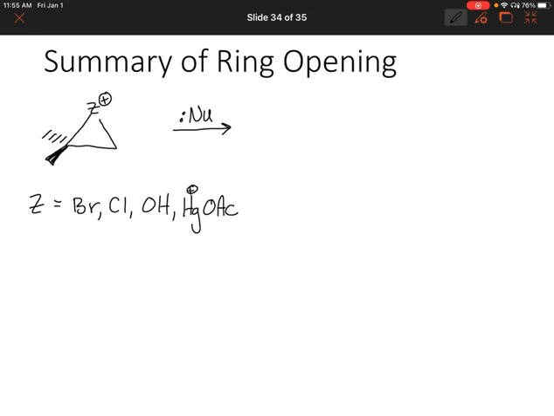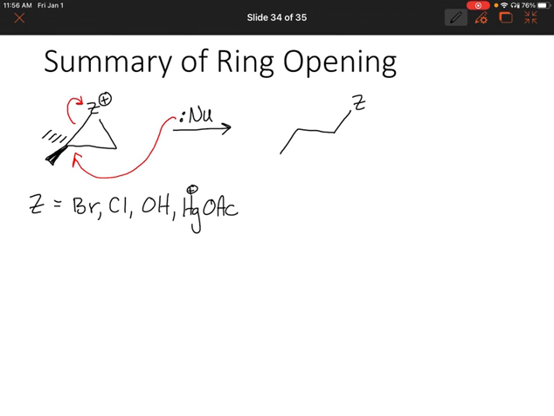So if the nucleophile attacks the more substituted side, that carbon does become partially positively charged. So it's kind of like a carbocation. And remember that the more carbon groups that are attached to a positive carbon, the more stable it is. And that's due to, what's that key word? Hyperconjugation.